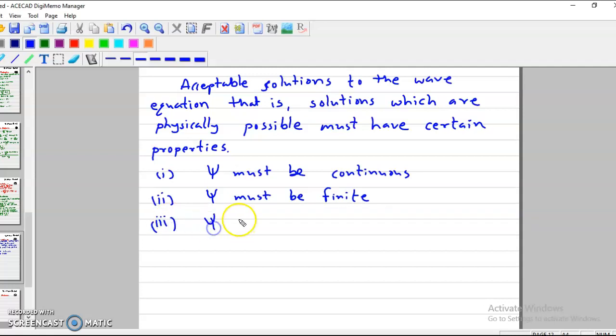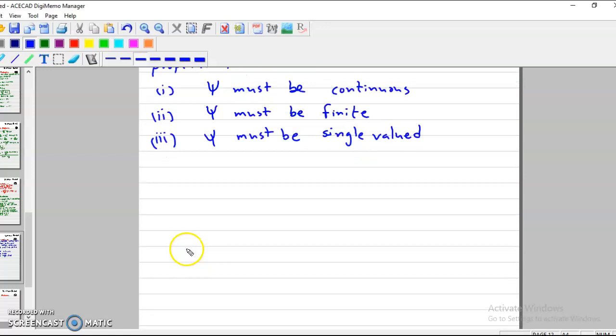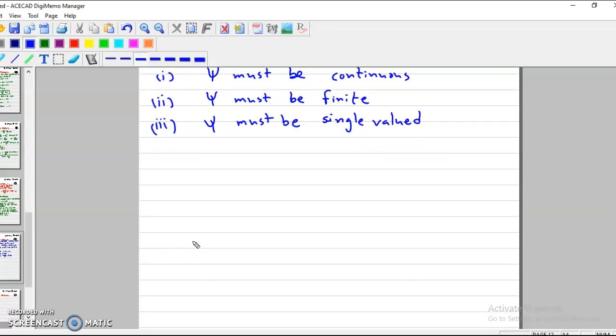Psi must be single valued. Okay, so psi must be single valued. That means there should be only one solution of psi for one particular point.